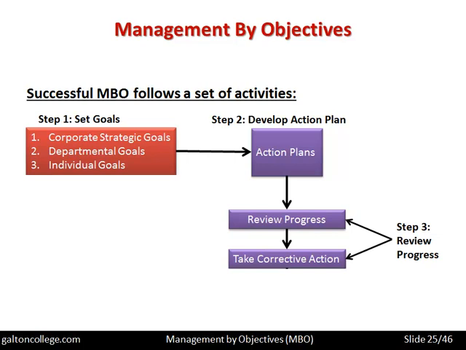If there's any deviation from what's planned, then take corrective action and move back and then review it again. So there should always be reviews and then corrective action if it's required. If what's happening is deviating from the plan, then corrective action can be implemented. And of course, that corrective action feeds back to the action plans, where the action plan is updated, the process starts again, reviewing progress and taking corrective action if required.